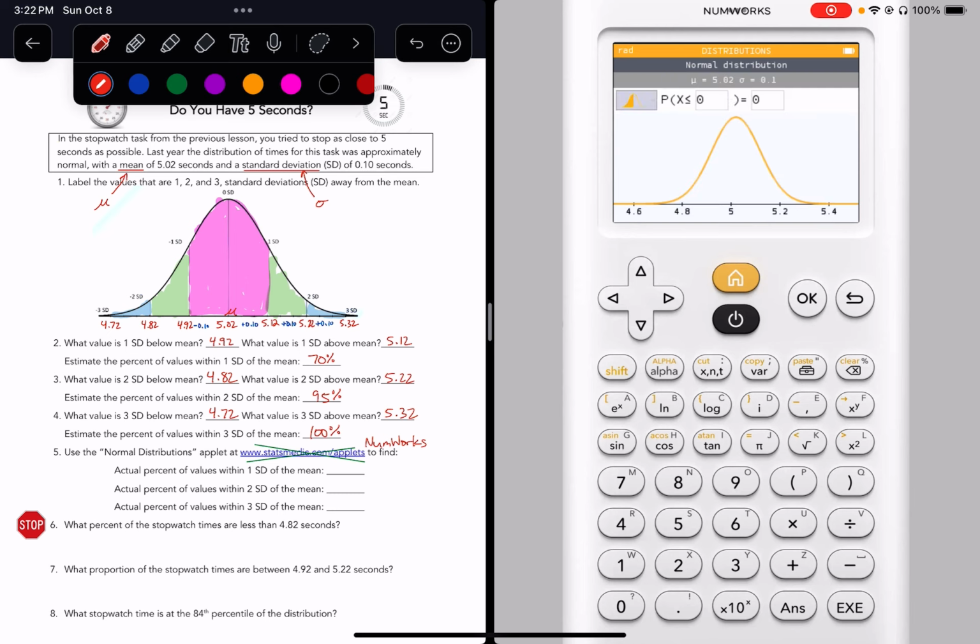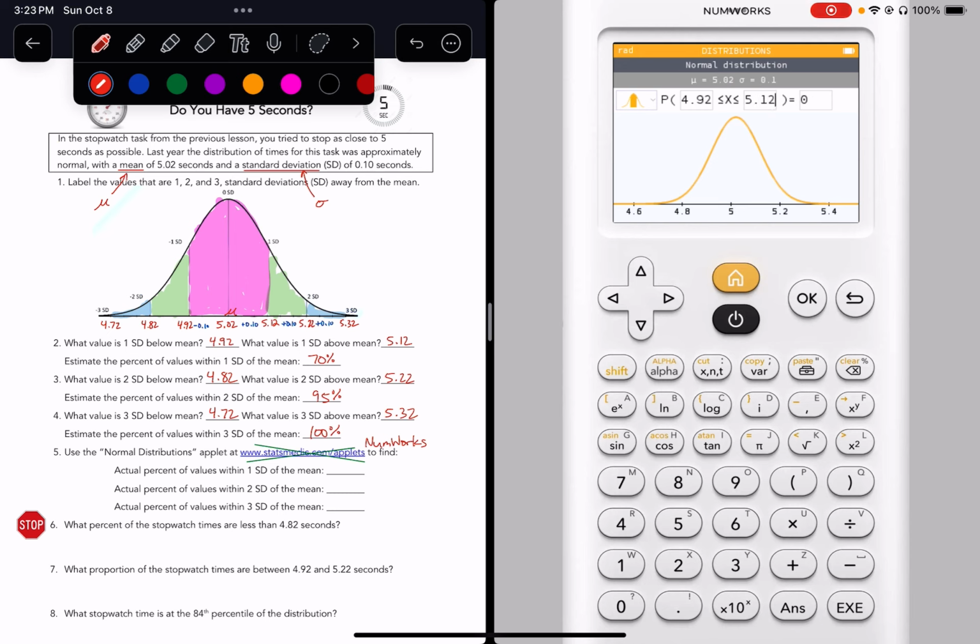And so I'm going to go to the left, and I'm actually going to change this little drop-down menu to this middle one. So see how the shading is kind of in between 2 lines there in the middle one? Kind of like how our pink is right now. So we're going to say that the lower boundary is that 4.92, and the higher boundary is going to be that 5.12.